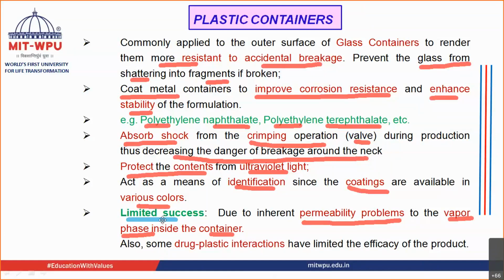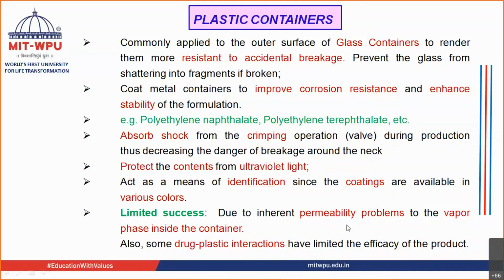One reason is the permeability problem of the vapor phase inside the container, and second is the drug plastic interaction that takes place. Because of this drug plastic interaction and this permeability problem, plastic containers have very limited success, but they are very successful, as I said earlier, in coating of your metal as well as your glass containers.